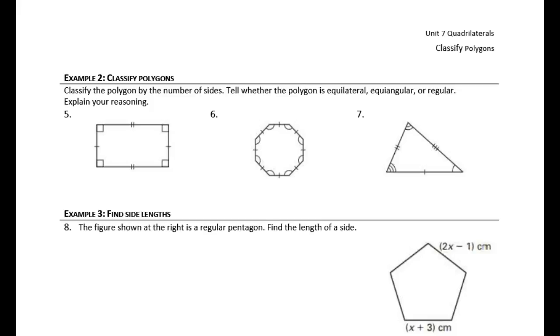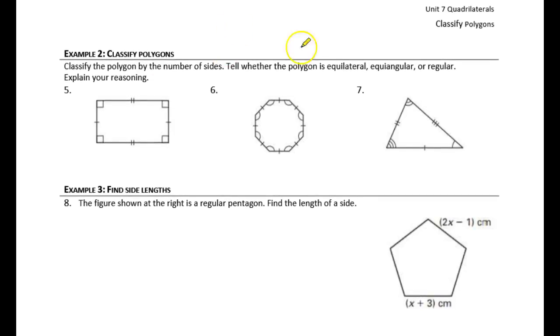Okay, so let's classify some polygons. We want to decide if it's equilateral, equiangular, or regular. So in example 1, this is a convex polygon. It is equiangular because all 4 angles are right angles, but it is not equilateral, so therefore it cannot be regular. Alright, this has all equal sides, so it's equilateral.